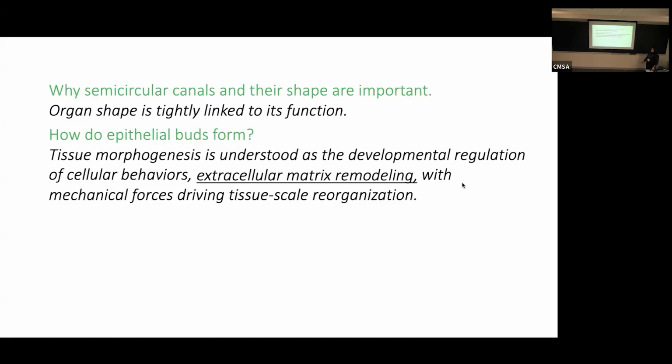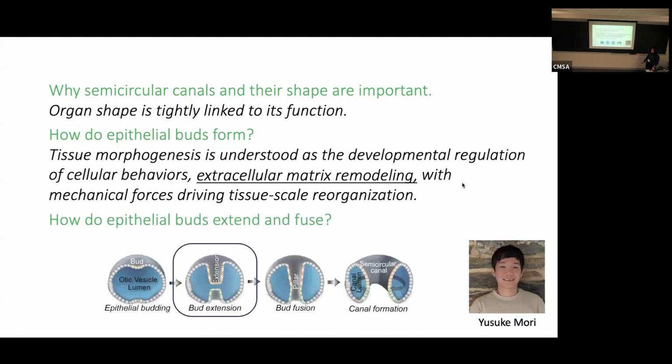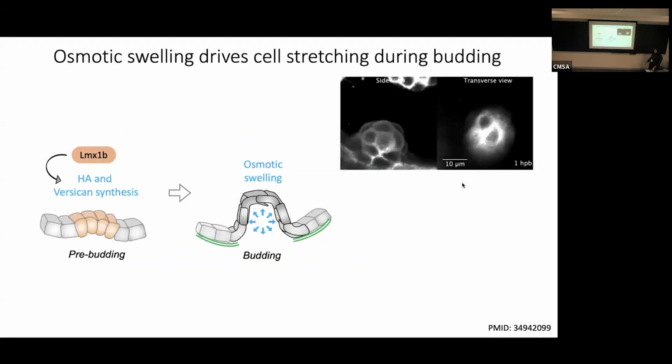Okay, just to summarize that, beyond cell behaviors, this structure is a good example of how extracellular matrix remodeling is driving morphogenesis. So here I'm going to talk about a recent study that we pre-printed to show how these buds are extending. And all this work was done by a really talented postdoc, Yusuke Mori, the first postdoc in my lab.